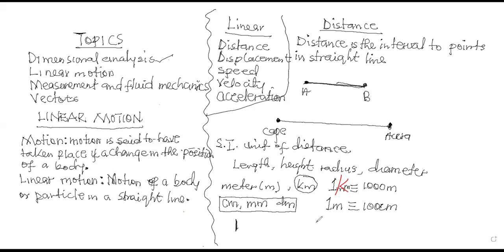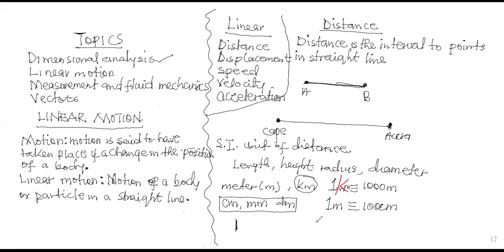So if you've taken time to look at your meter rule very well, you realize that the 1 meter is divided into 100 subunits. And those subunits are the centimeter. So it runs from 1 centimeter up to 100 centimeter, meaning that 1 meter is equivalent to 100 centimeter.